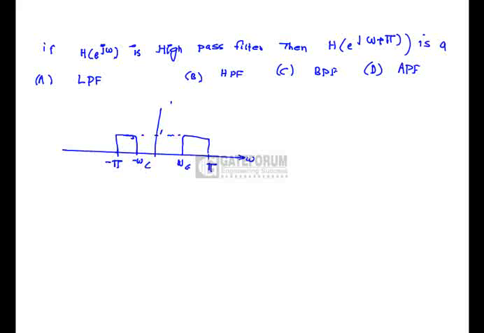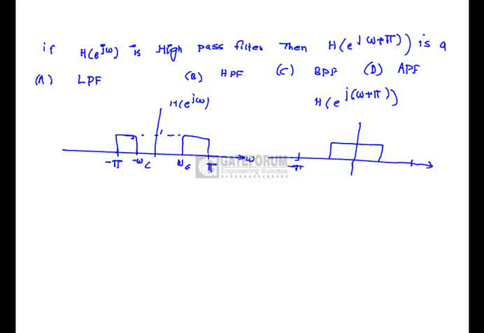Suppose this is H of e power j omega. H of e power j omega plus pi means you are shifting to the left by pi, and you are going to get this one. So it acts as a low pass filter, that is option A is correct.